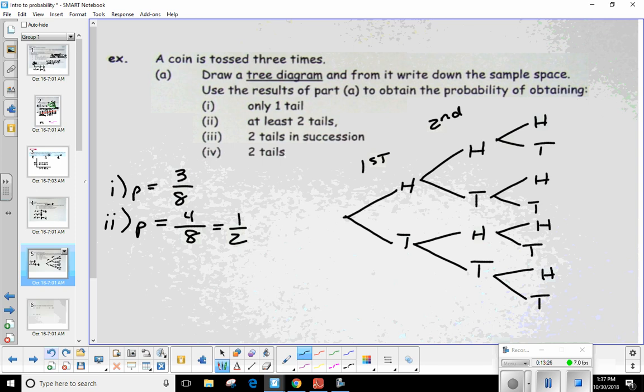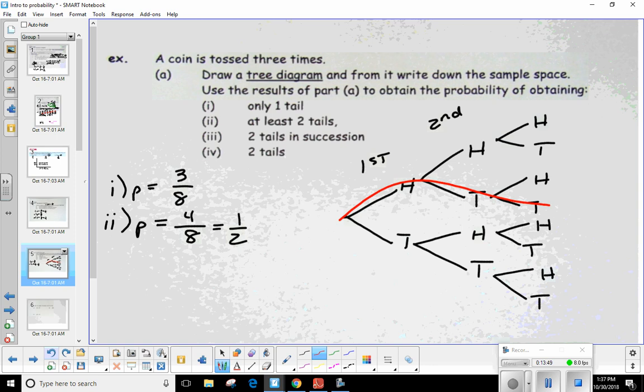All right. 3. What does it mean, 2 tails in succession? There you go. So one tail has to follow the other. It doesn't necessarily have to be the first 2 or the last 2, as long as you have 2 tails in succession. So if I'm looking at this tree diagram here, the first time I see that happening is going to be in this 4th branch. Would you guys agree?